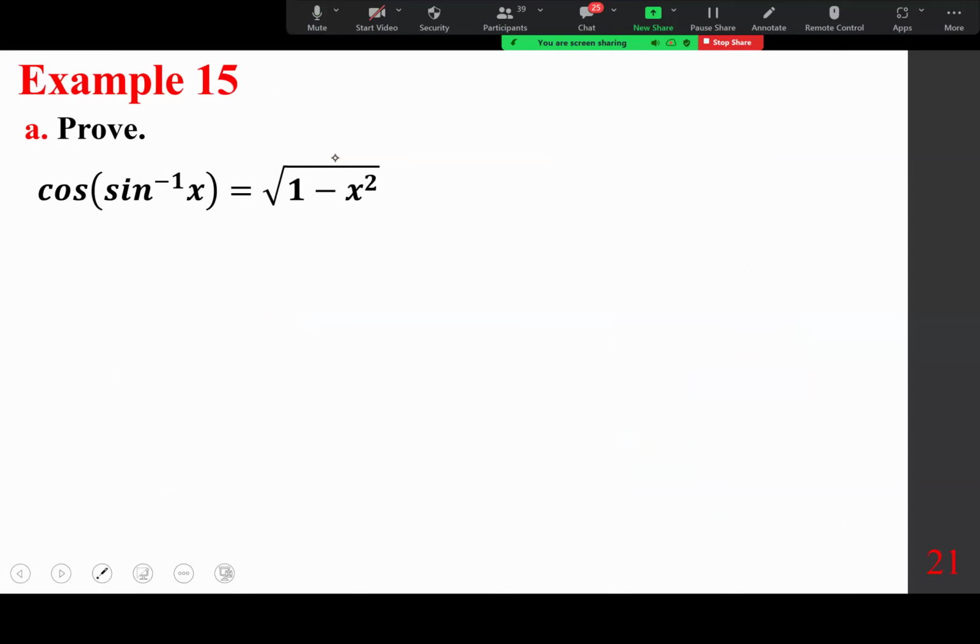Prove that cosine of sine inverse of x is the square root of 1 minus x squared. We are dealing with trigonometry, inverse functions. As we come across them, I give you the synopsis of that as need be. Remember, when we say sine inverse of x is equal to theta, by definition it means sine theta equals x.